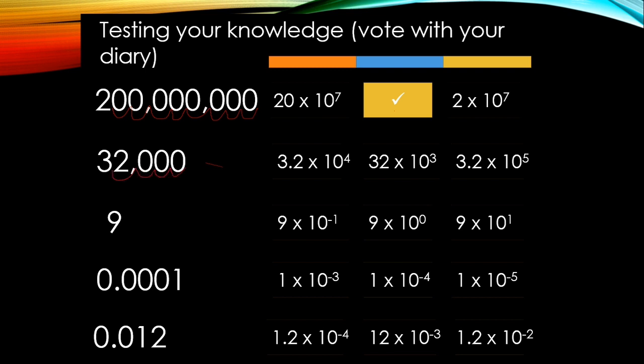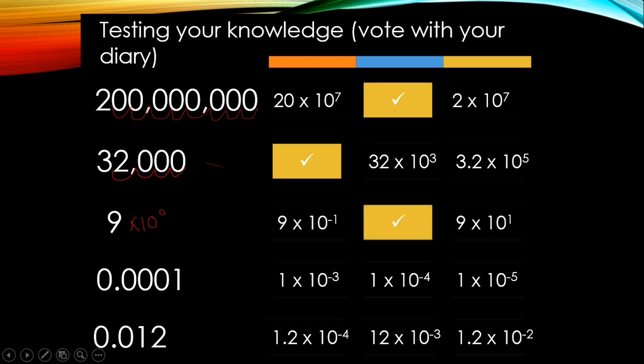Let's move to the next one. This one, we need to move 1, 2, 3, 4. 3.2 times 10 to the power 4. I think this one, yes, it's correct. 9 is just the same as saying 9 times 10 to the power 0, because nothing is going to happen. We're not going to move any number of places. So 9 times 10 to the power 0 is here. Yes, it's correct. Then we're going to move how many places to the right? 1, 2, 3, 4.